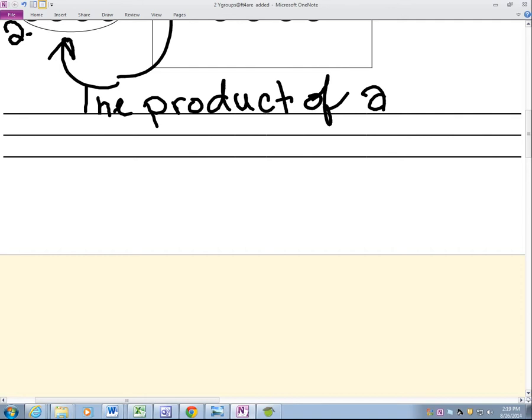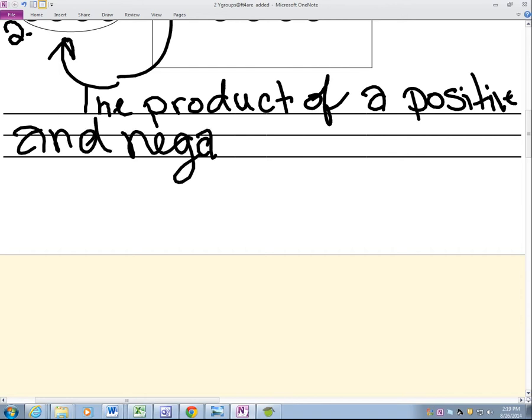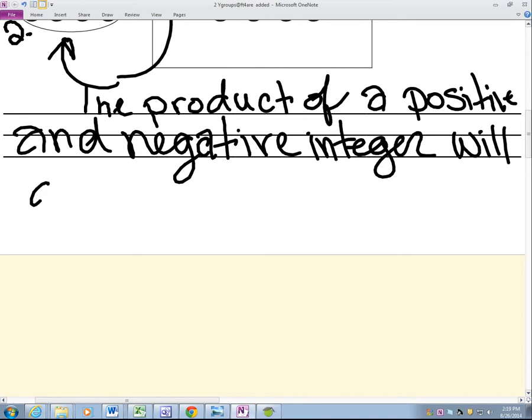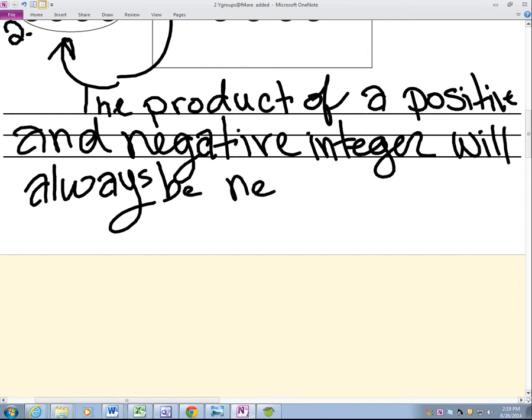of a positive and negative integer will always be negative.